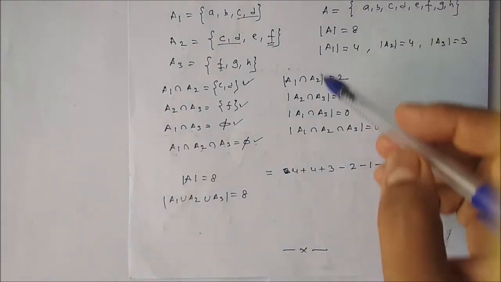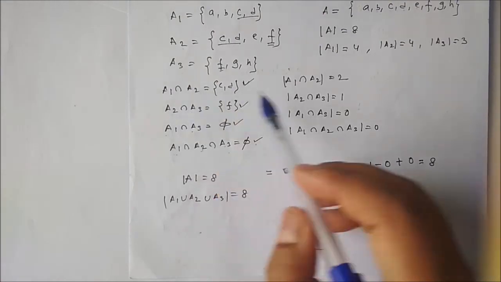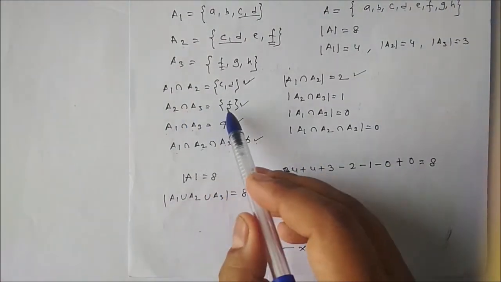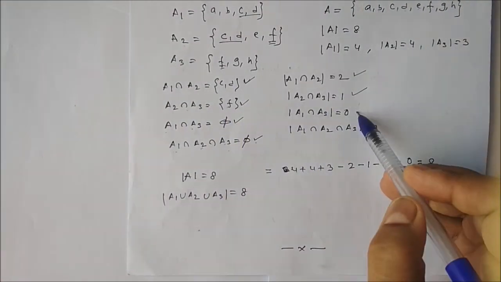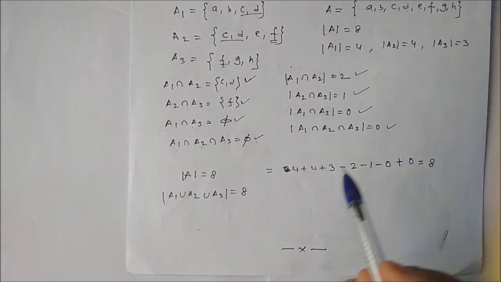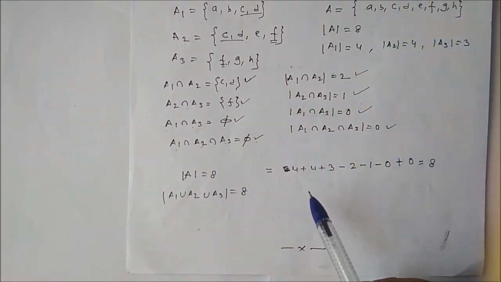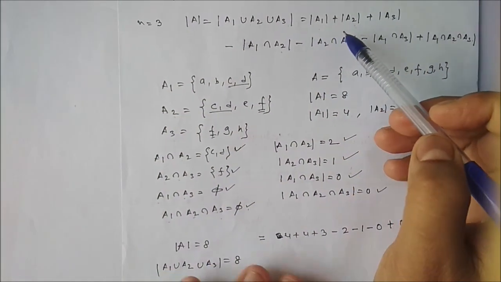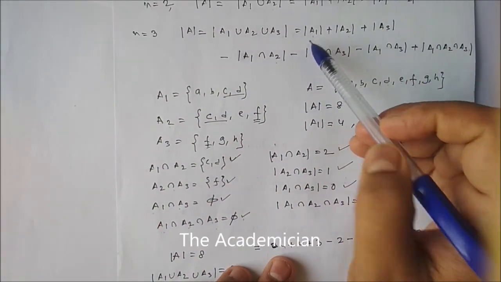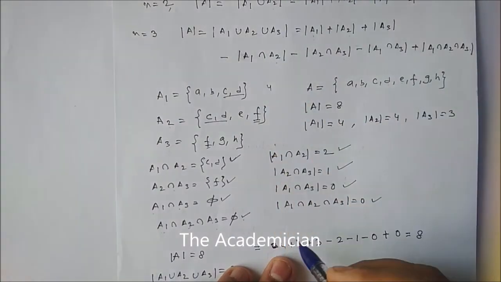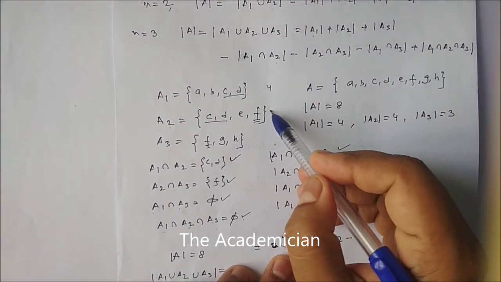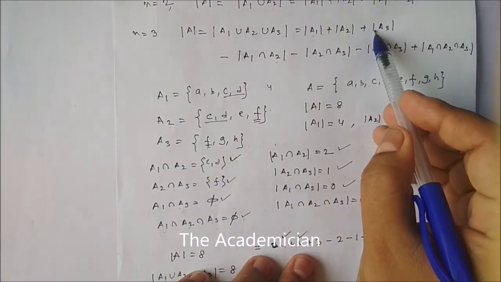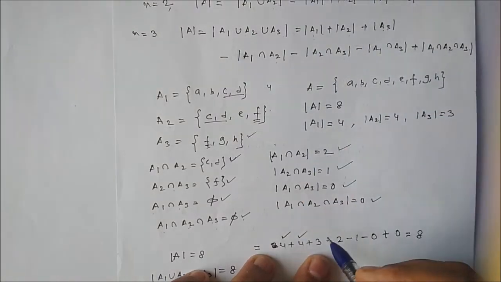The number of elements in these intersections is 2, 1, 0 and 0. If we apply all these values, we can get the number of elements. Elements present in A1 is 4, in A2 is 4, and in A3 is 3.